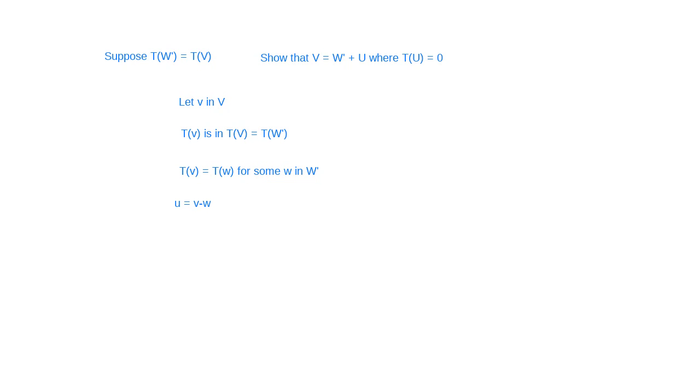So U is in the kernel of T. Now V equals W plus (V minus W), where W is in W prime and V minus W is in the kernel of T.